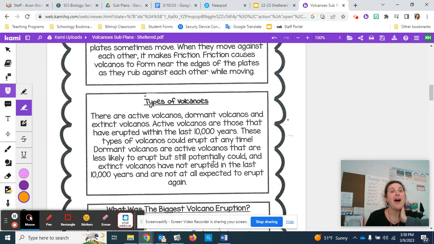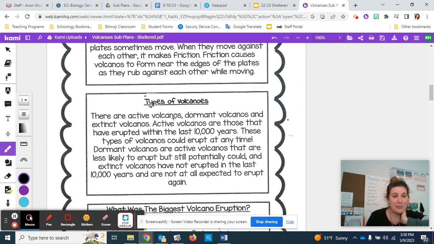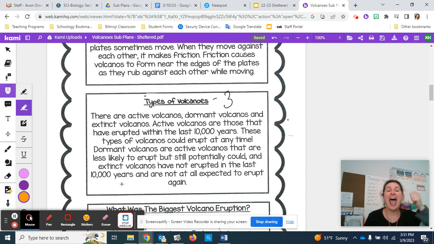Types of volcanoes. ¿Cuántos tipos de volcanes? 3 tipos de volcanes. There are active volcanoes, dormant volcanoes, and extinct volcanoes.